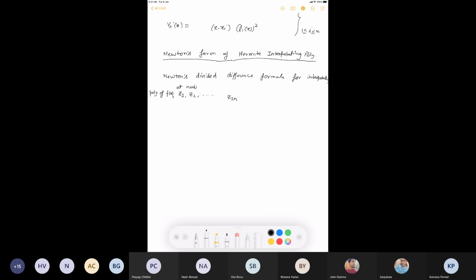So this is a polynomial, which we are going to write as P(x).